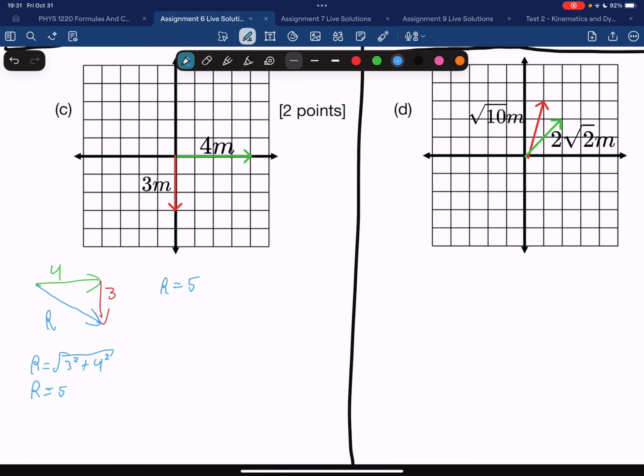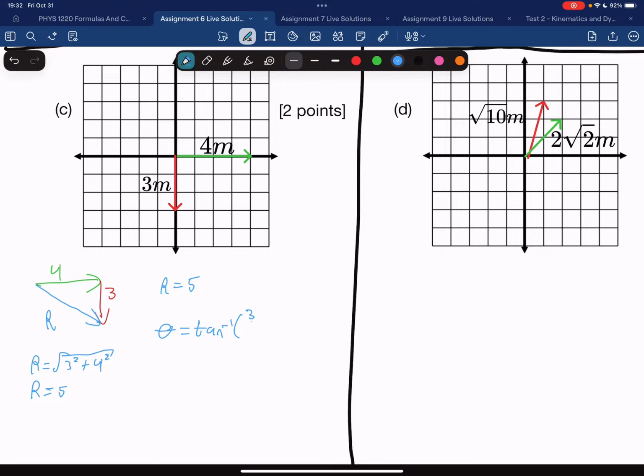Again, you could use any of the primary trigonometric ratios to figure out the angle. When I am given the x and y components and not the hypotenuse, I like to use tangent. So I'm going to go ahead and keep using tangent. So theta equals the inverse tangent of, again, the opposite over the adjacent.